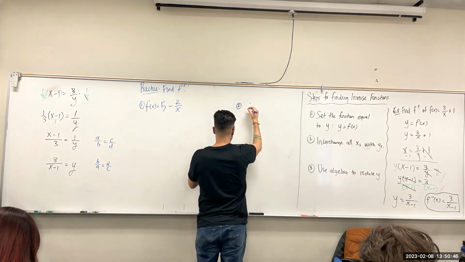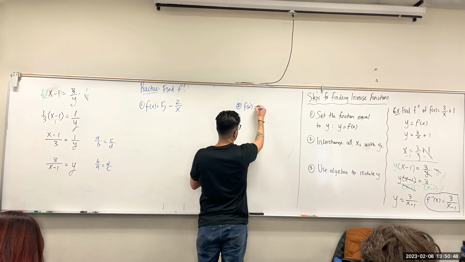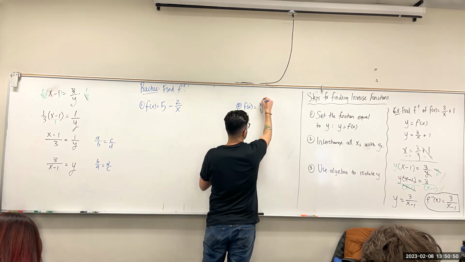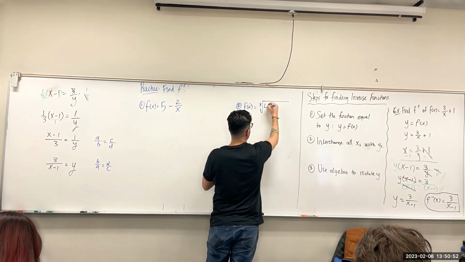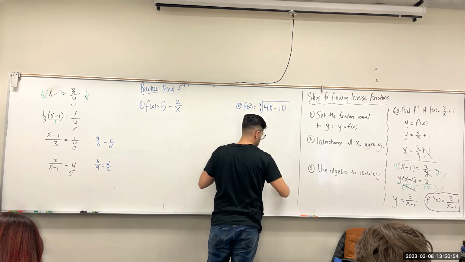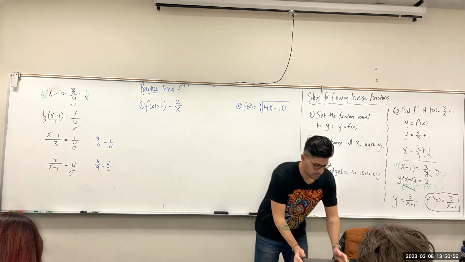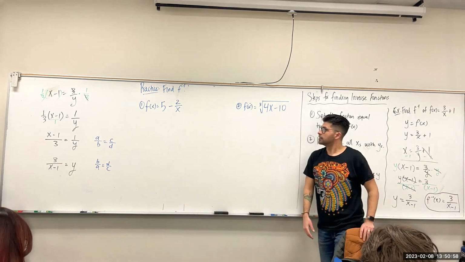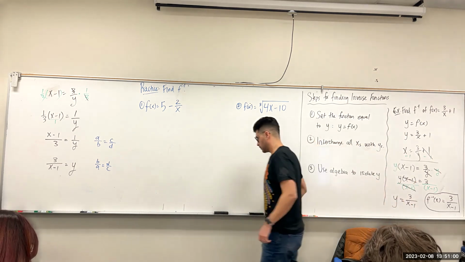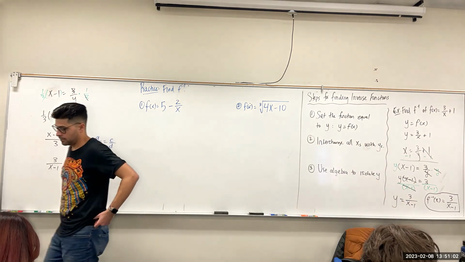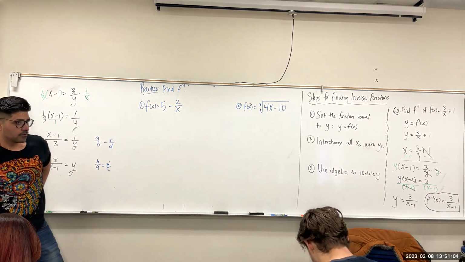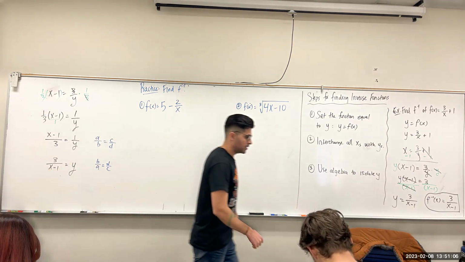Number 2: f of x equals the cube root of 4x minus 10. Let me have you practice those. With your classmates, check with each other.